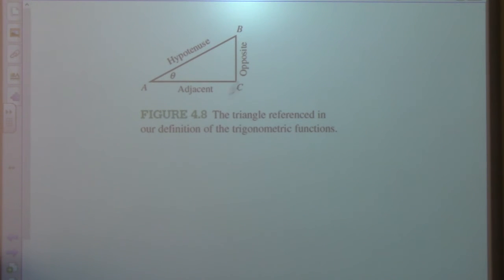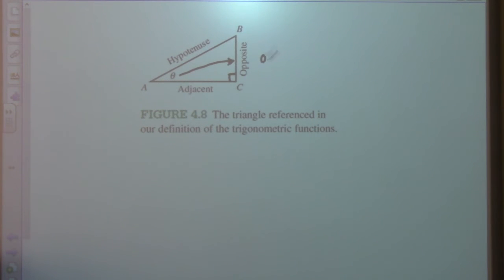So what you have is a right triangle. And if you have an angle, in this case indicated by this theta symbol, if you go over to the opposite side of this right triangle, you will have the opposite side.